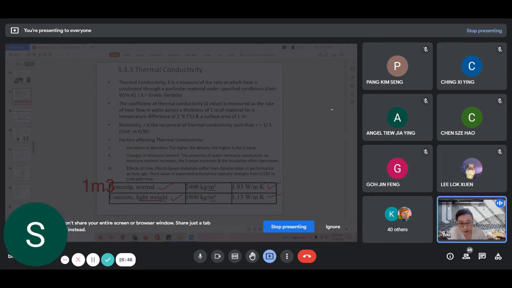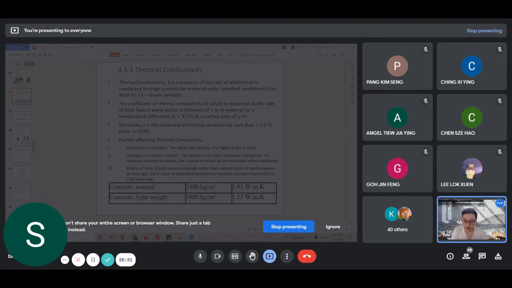In a 1 meter cube, a normal concrete will weigh about 2,400 kg, and it has this value of thermal conductivity. And then for a lightweight concrete, which we can also call an aerated concrete, it will have a lower weight because the density is lower, and due to that, it is not as good as a normal concrete at transferring the heat.